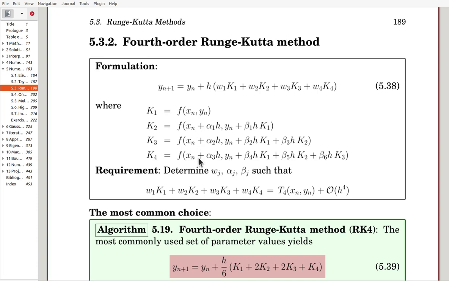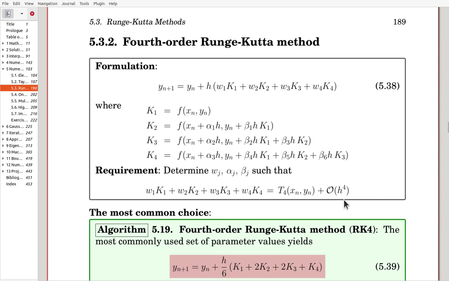So we have to decide the weights, alpha values, and beta values, such that this weighted average of the slope matches the Taylor series up to order h^4, with the difference being order h^5.